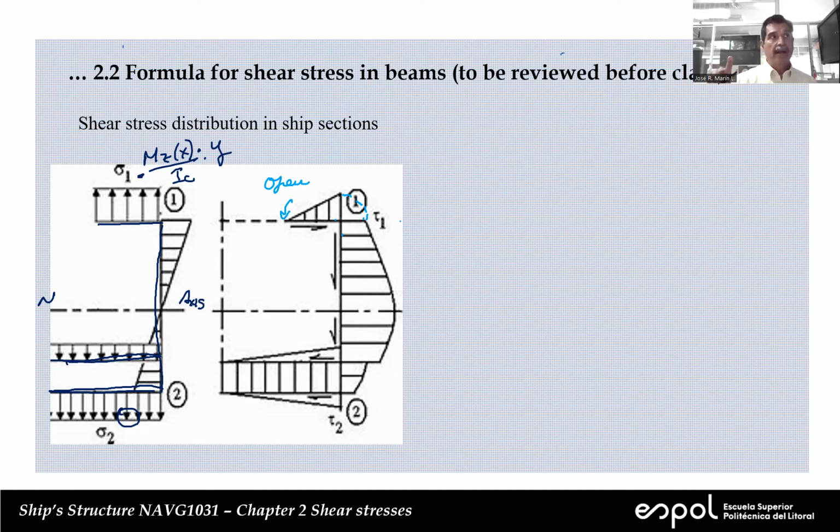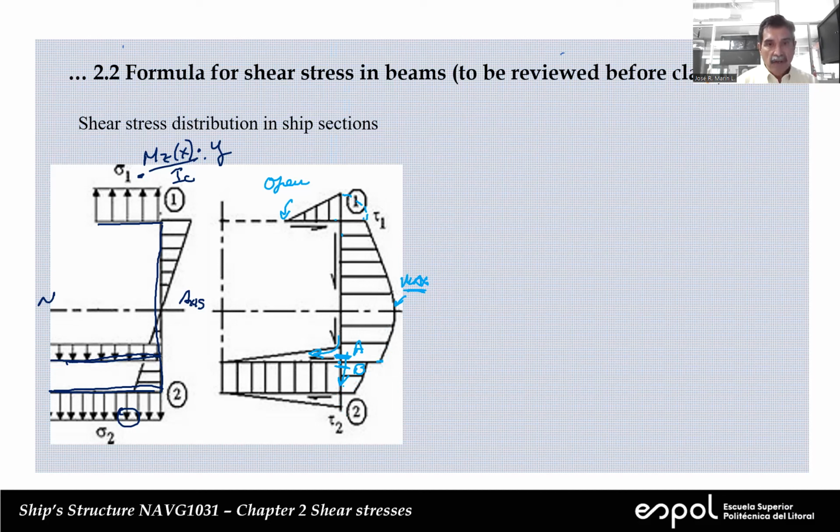Now, if we make a cut down here, cut B, then you have to consider the same as before, but now you have to include all of this area. Since you are below the neutral axis, the Q will be smaller. And that's why you see it here. You have a jump at B. And then you can go on following this quadratic.